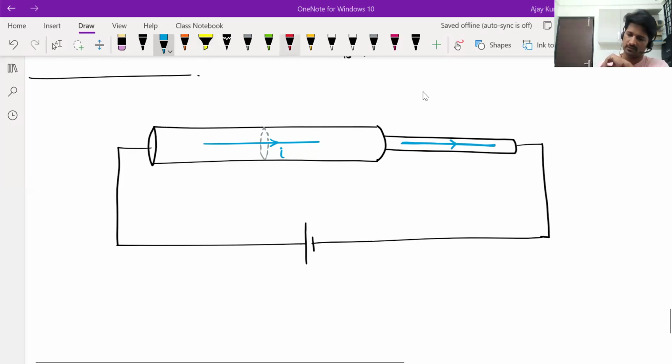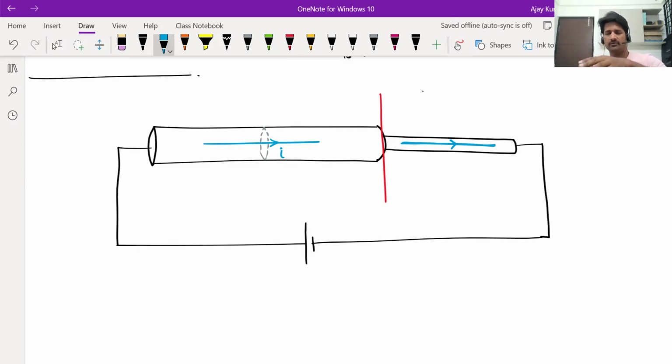You consider this junction. By convention, we know the direction of current is the direction of flow of positive charges, right? But we also know that it's actually electrons that flow in conductors. But let's assume positive charges are flowing. So if you consider this cross section, the number of positive charges entering into that cross section in a given amount of time should be equal to the number of positive charges leaving that cross section. So whatever is the current on the left side, same should be the current on the right side.